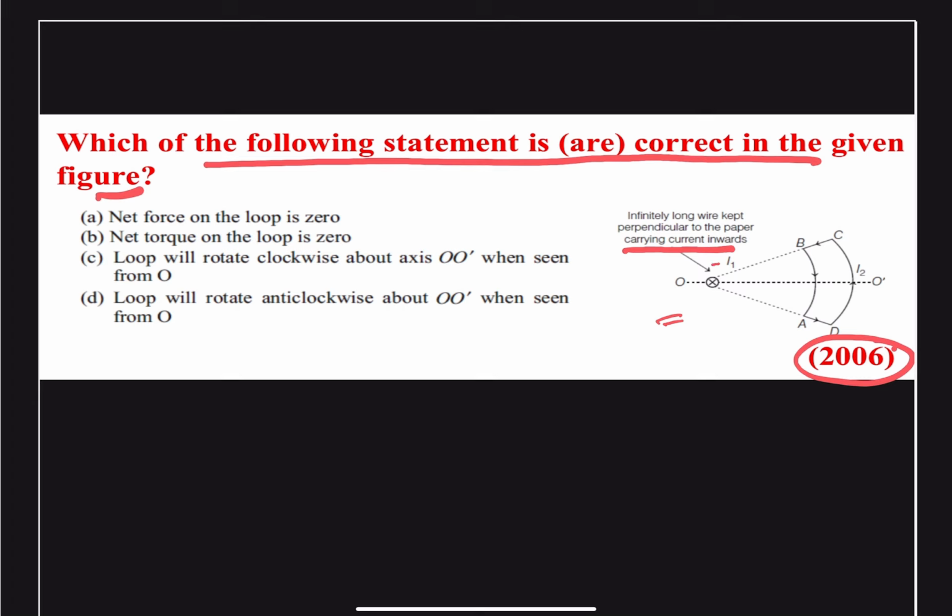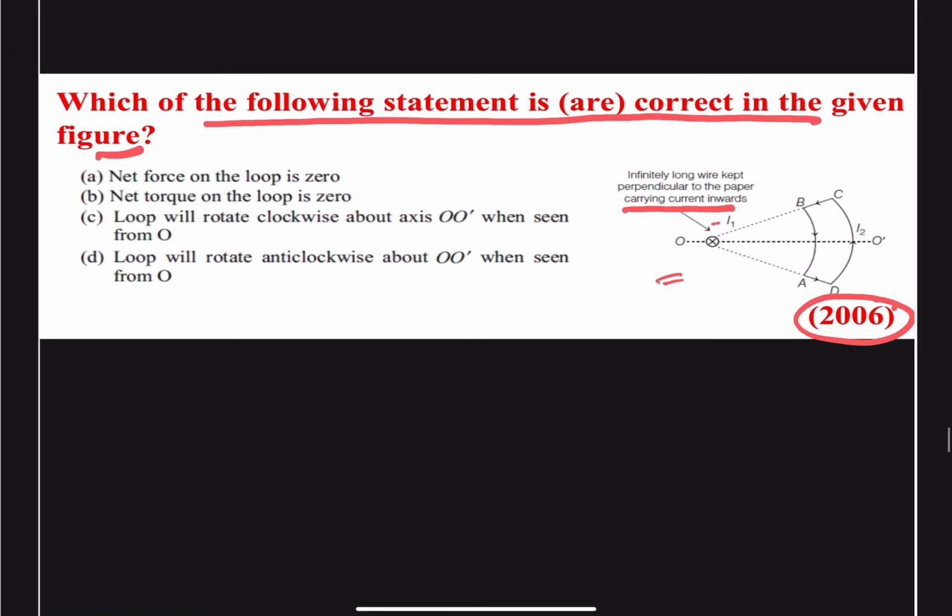From here we can draw approximate magnetic field lines, which will be in this direction, and also in this direction, and here also in this direction. Okay, concentric circles.